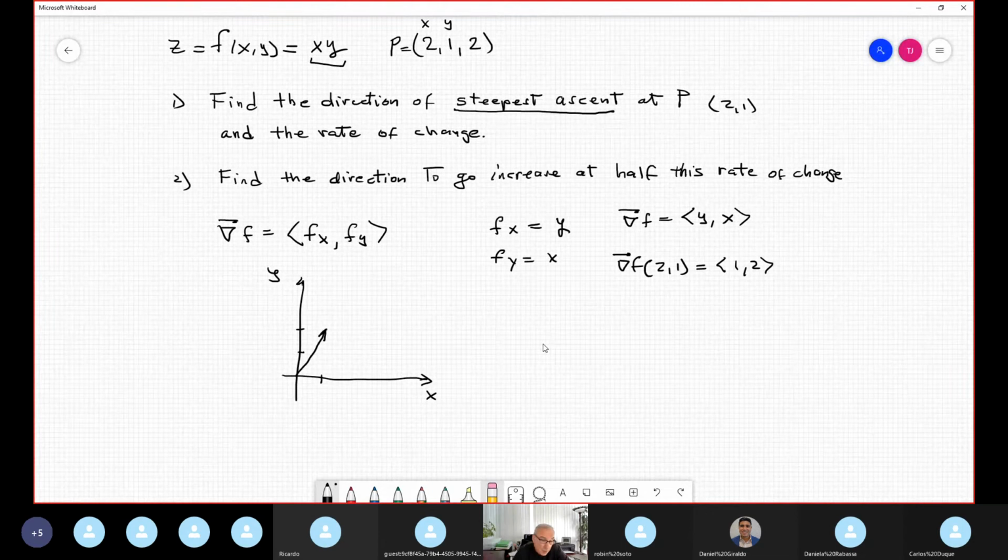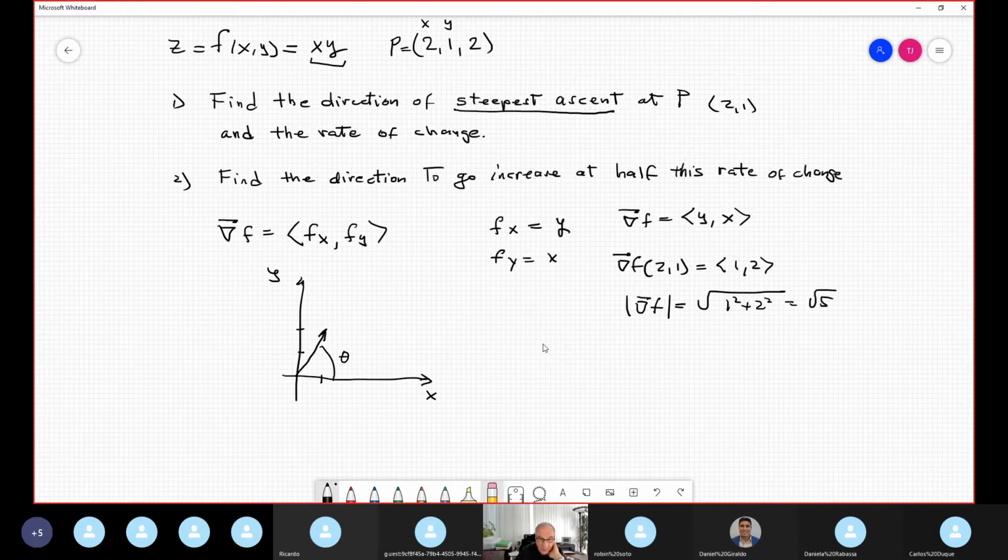Well, okay. So, how do you find direction? You find direction in different ways. You use a unit vector, maybe, or find the angle. Let's do it both ways. To find the unit vector to indicate that direction, you take the gradient and find the magnitude of the gradient, which is square root of 1 squared plus 2 squared, radical 5, no?